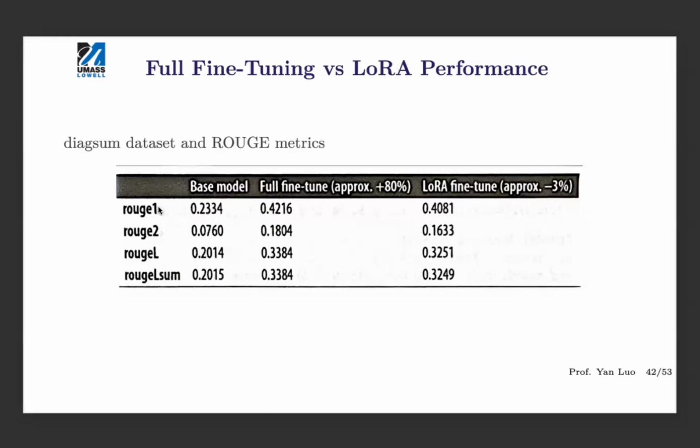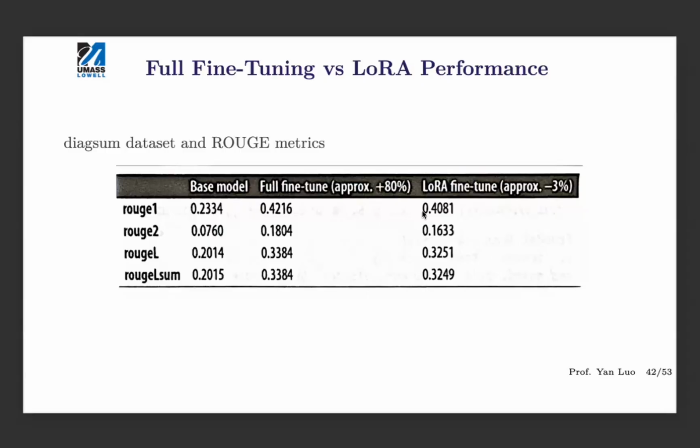By the way, ROUGE scores are between 0 and 1, 1 being the best. So that means the output matches the reference summary 100%. Basically, that's like the ideal situation. On the other hand, 0 means that the output summary doesn't really make sense. So the higher the better. So here for ROUGE-1, after full fine-tuning, we increase about 80% or even more.